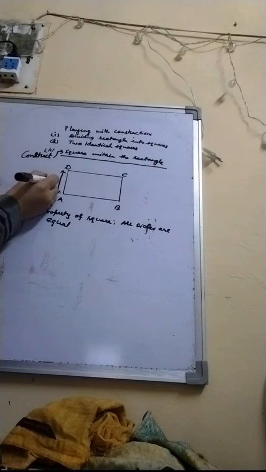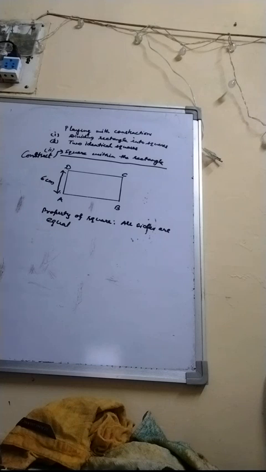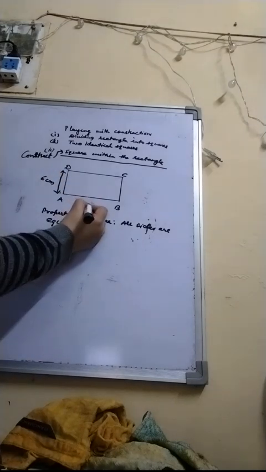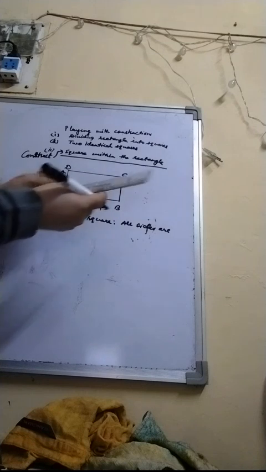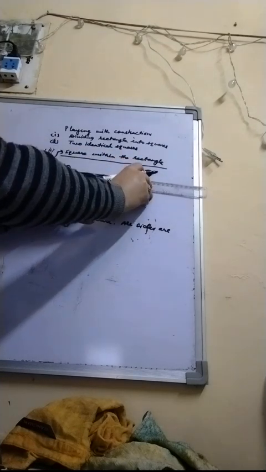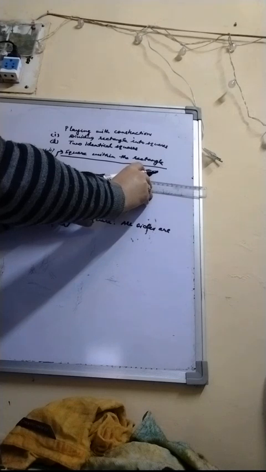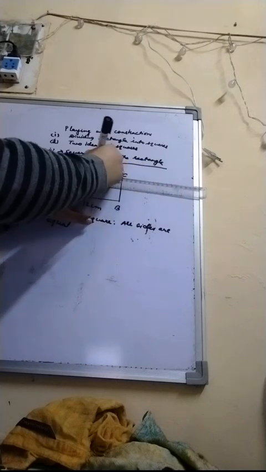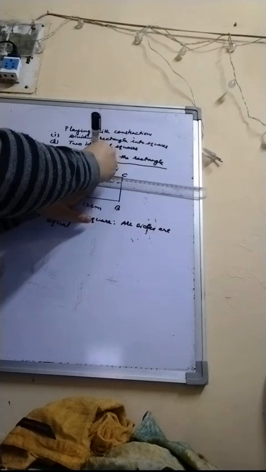So therefore you know how we have to divide 6 centimeter. Now the length I have taken as 12 centimeter. So I will first find out the midpoint or half of the length.